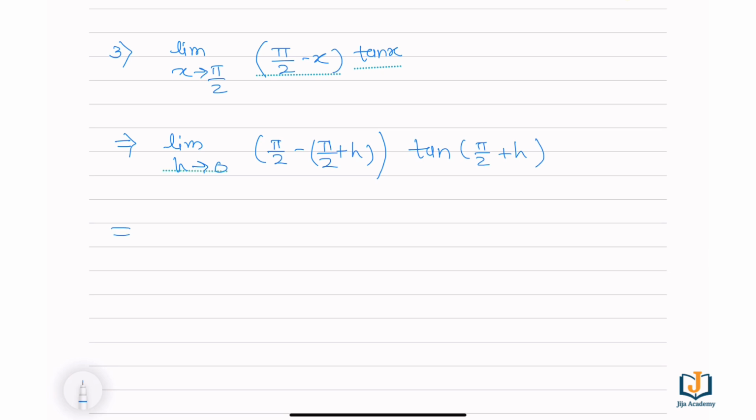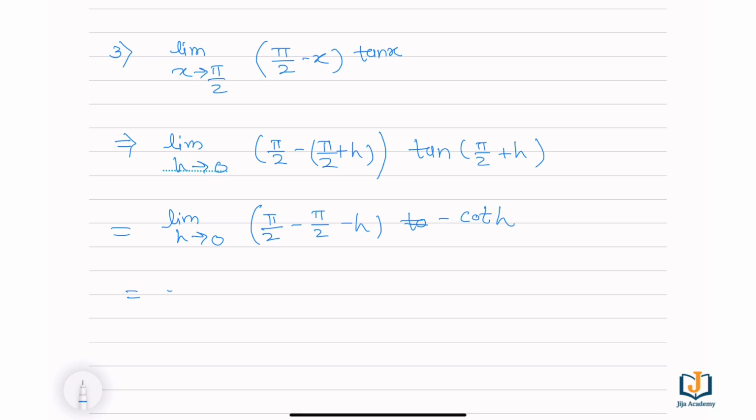So we are solving this limit as h tends to 0 of pi by 2 minus pi by 2 minus h times tan of pi by 2 plus h, which is equal to minus cot h.